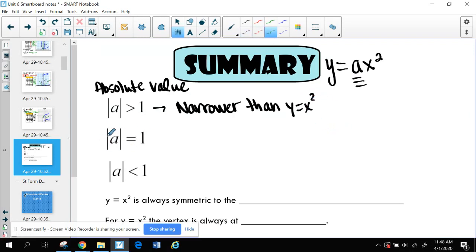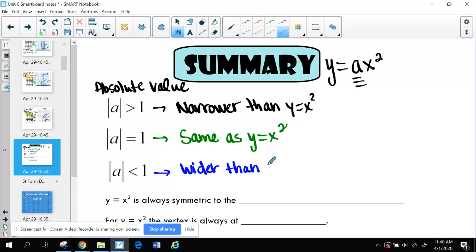If we take the absolute value of a and it equals 1, it's going to be the same as y equals x squared. And if you take the absolute value and you get a number less than 1, then we say the graph is going to be wider than y equals x squared.